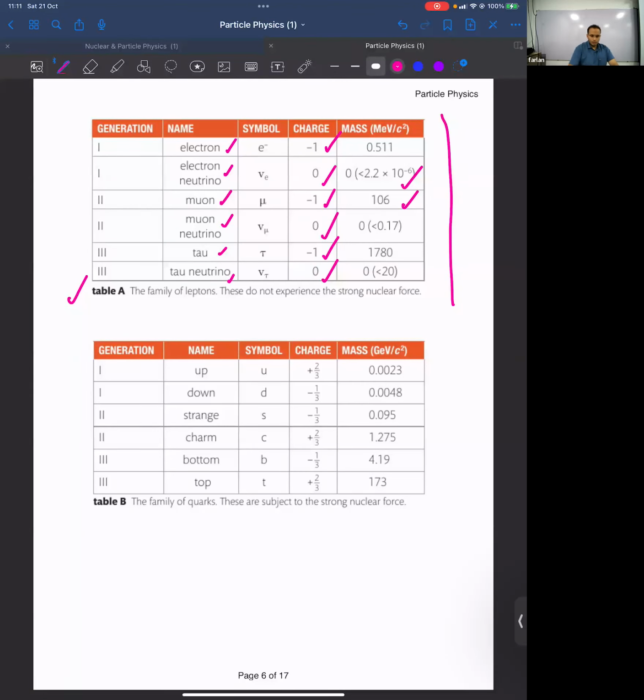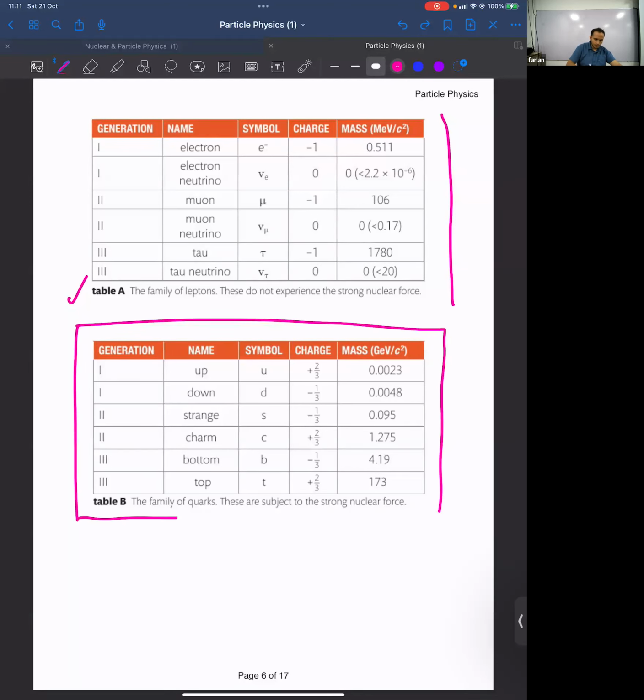You don't have to remember the entire table. Just remember that the electron belongs to a family of 6, which is known as leptons. And then there's another family of 6 particles, the family of quarks. These are subject to the strong nuclear force.